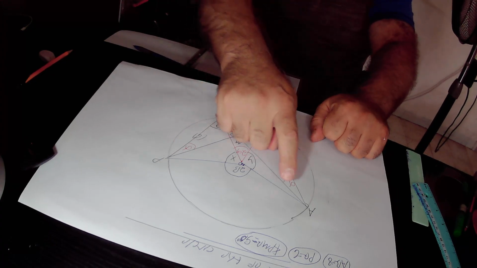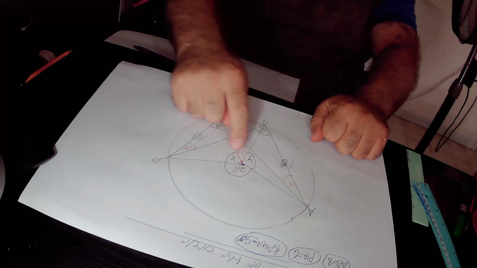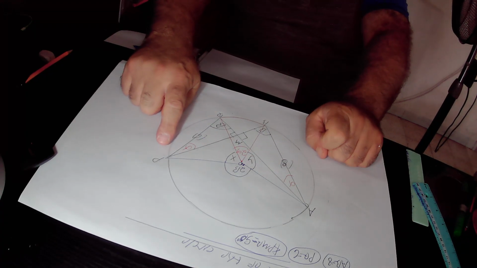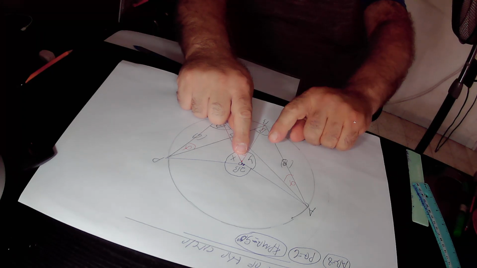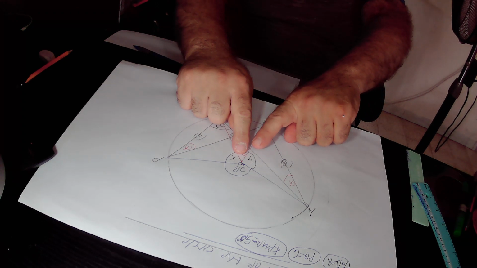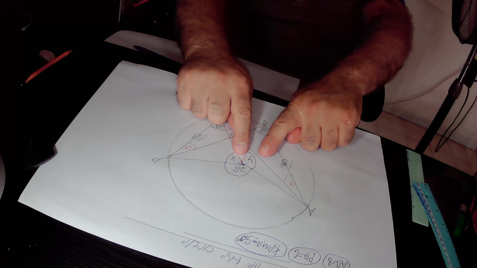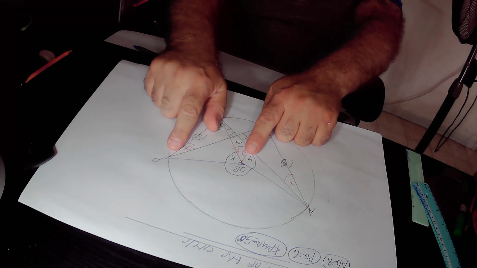For example, angle AOP is defined as a central angle because the vertex of angle AOP is here at point O, the center of the circle, and angle AOP consists of side OA, the radius of the circle, and side OP, also a radius of the circle.